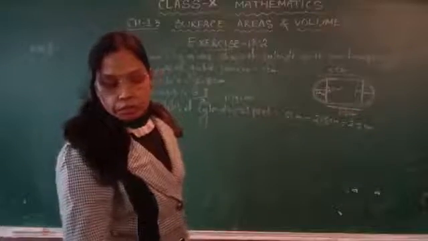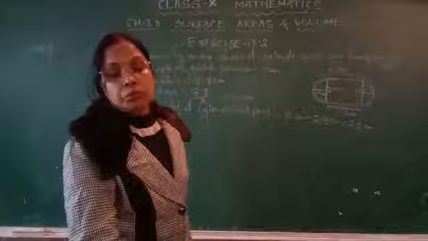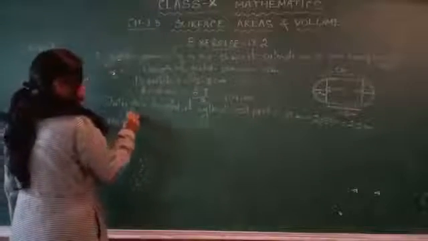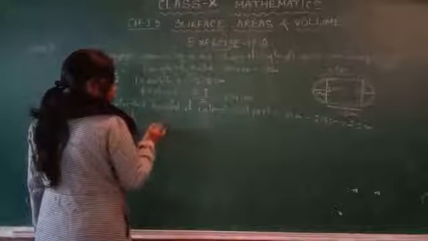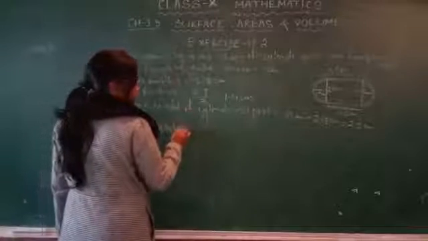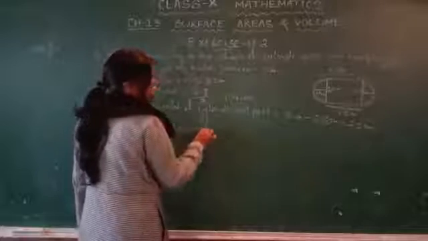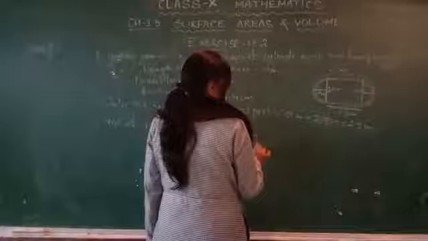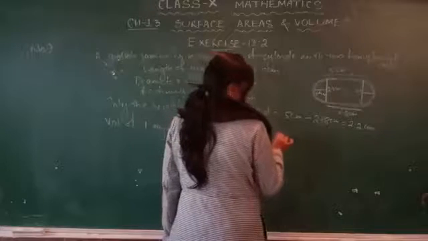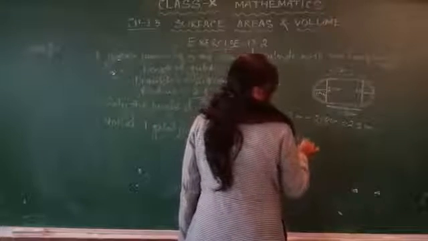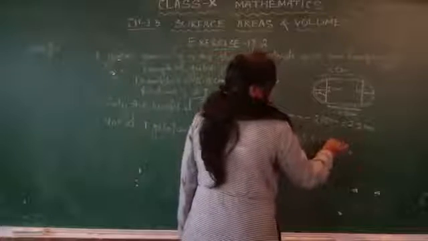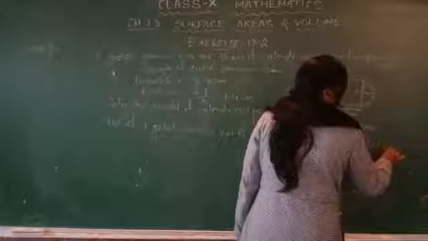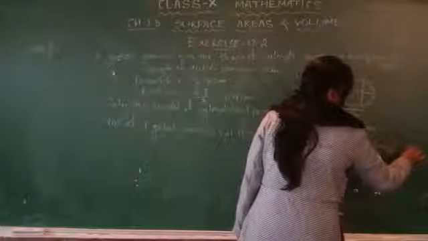Okay, so first here you find what? Now the volume of each gulab jamun. So the volume of one gulab jamun, or each gulab jamun, is equal to the volume of the cylindrical part plus 2 into the volume of a hemispherical part.